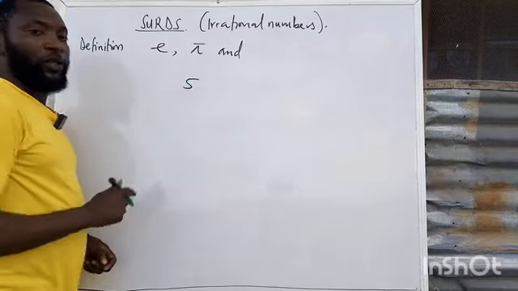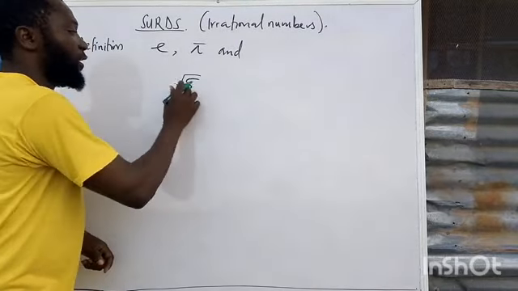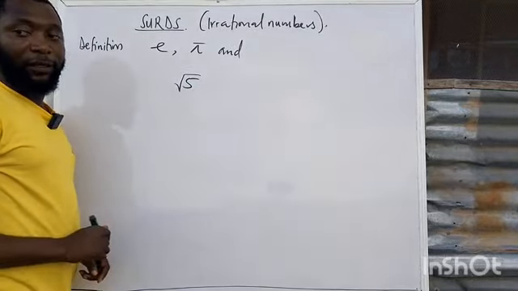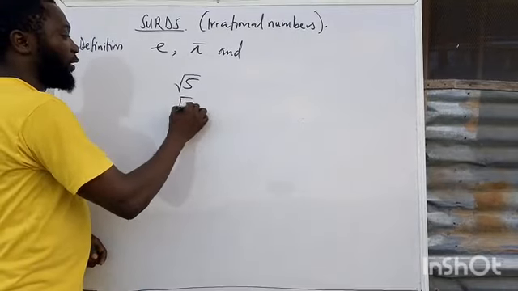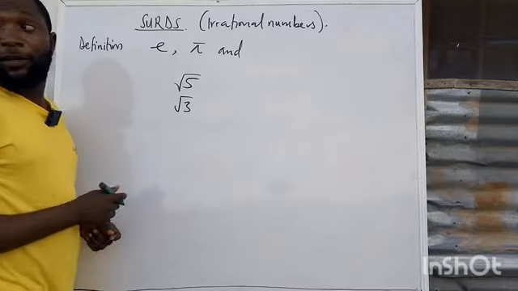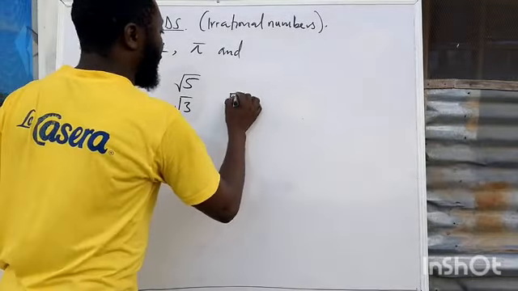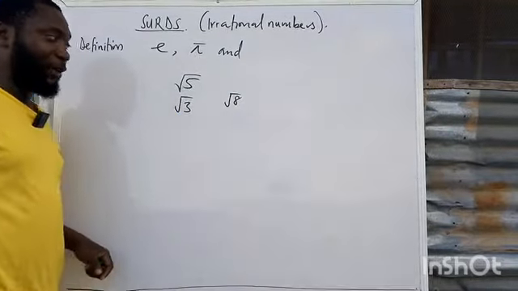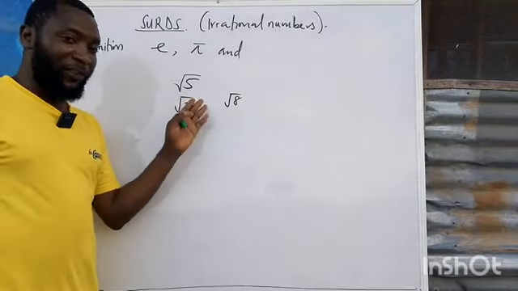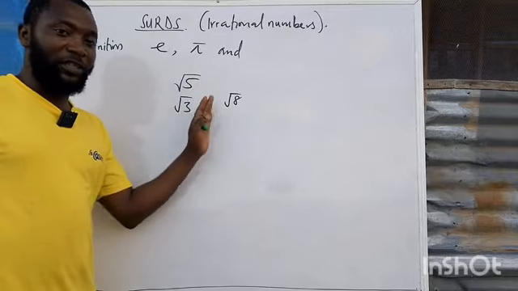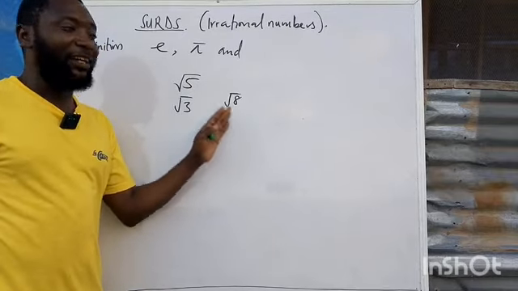So the square root of 5 is an irrational number. The square root of 3 is an irrational number. The square root of 8 is an irrational number. Any number that is not a perfect square, the square root of such a number is an irrational number.